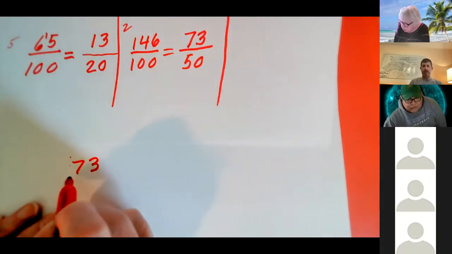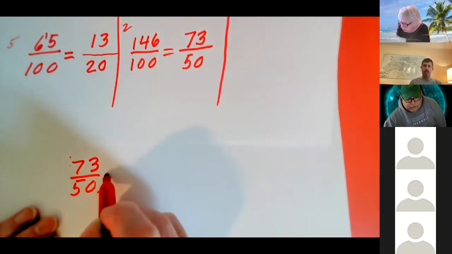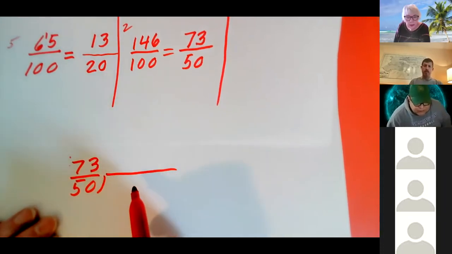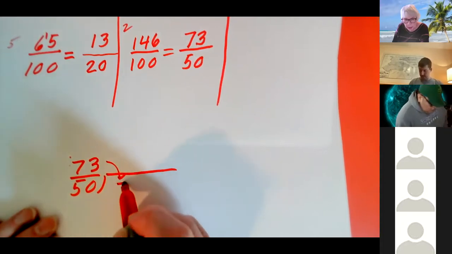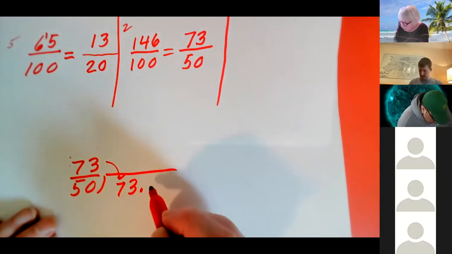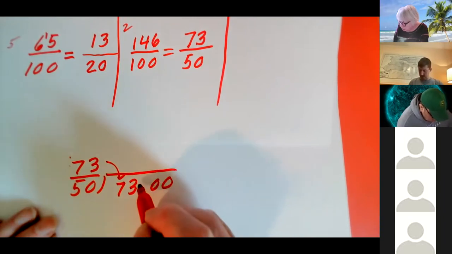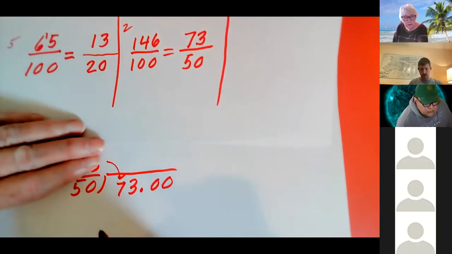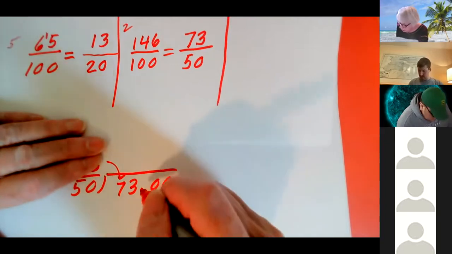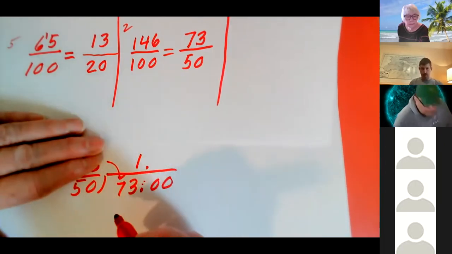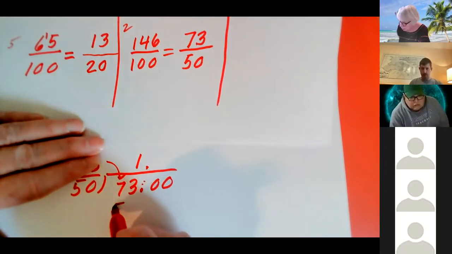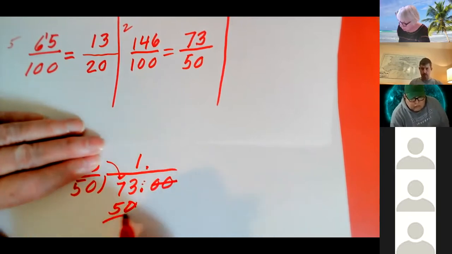If you need to, and I was showing somebody this recently, turn this into a division problem, the 73 over 50, which means the 73 comes down. And I'm going to add a couple zeros. So it's really 50 into 73. This one comes up. Actually, I want a fraction. So it's 1. 1 times 50 is 50. I didn't need those. And how many left over?